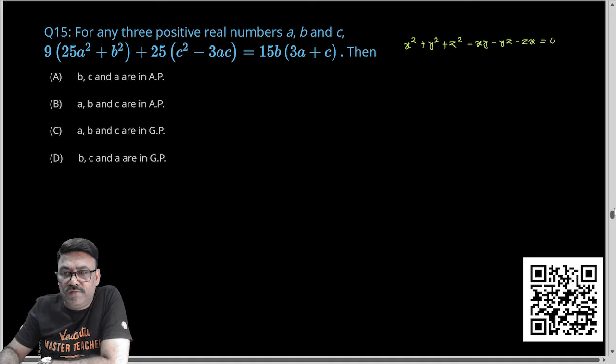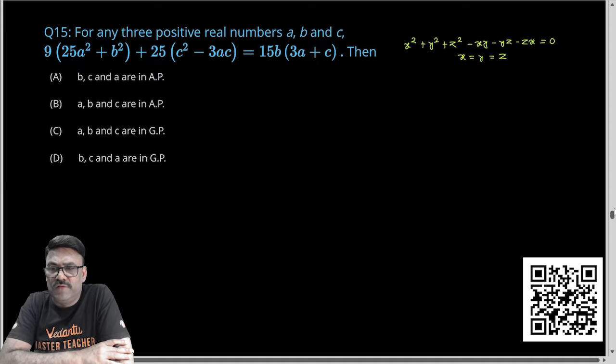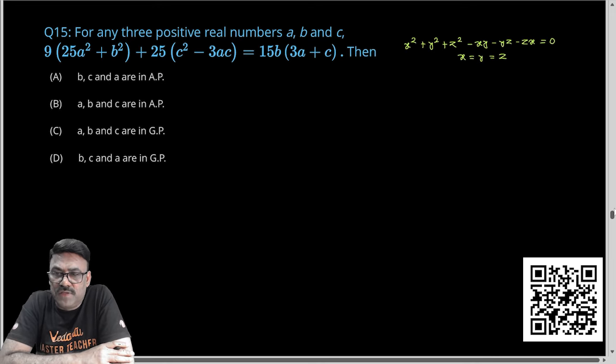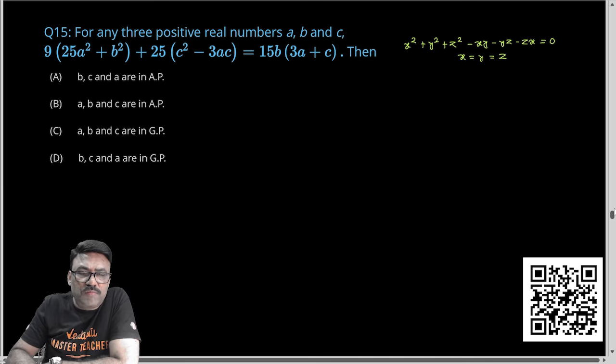If this is 0, then x is equal to y is equal to z. This is very important identity. Whenever x square plus y square plus z square minus xy minus yz minus zx is 0, x is equal to y is equal to z. Actually, x square plus y square plus z square minus xy minus yz minus zx is always greater than or equal to 0. Minimum value is 0 and minimum is achieved when x is equal to y is equal to z.